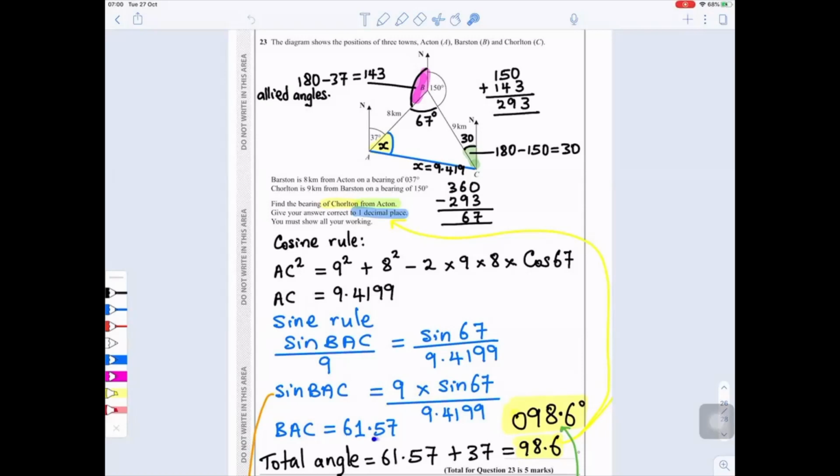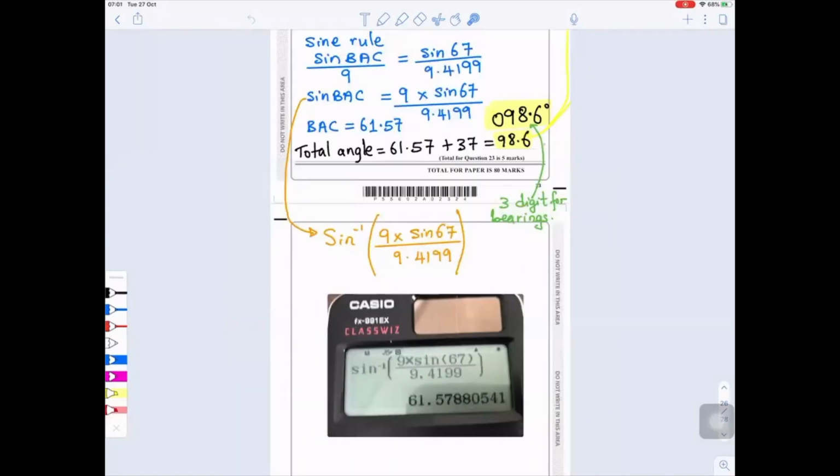BAC is 61.57. So your total angle is 61.57 plus 37, which gives you 98.6. And we write bearings with 3 digits, so it's 098.6 degrees. When you use your calculator, you will put inverse sine of 9 times sine 67 over 9.4199.